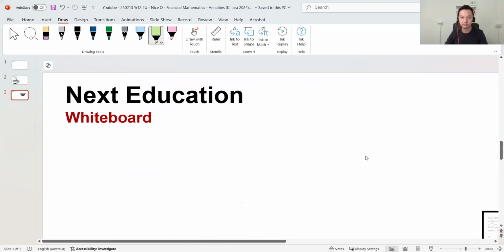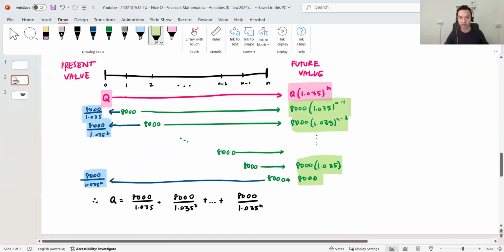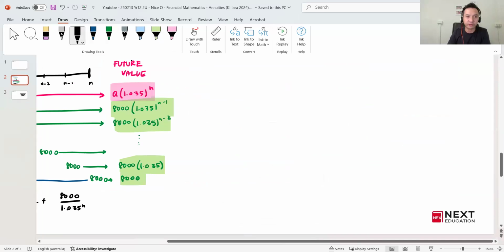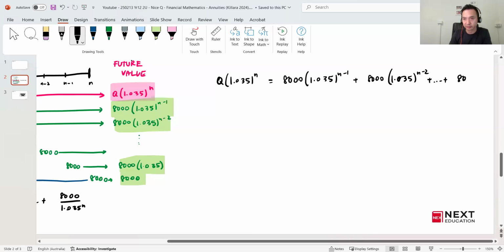Equally, using that future value equation, you can say Q times 1.035 to the power of n equals the sum of all the greens: 8,000 times 1.035 to the n minus 1, 8,000 times 1.035 to the n minus 2, plus, I'll just put the last one, 8,000. And you just divide this guy over to each term. You know what I'm going to do?